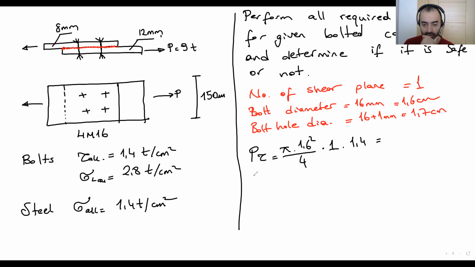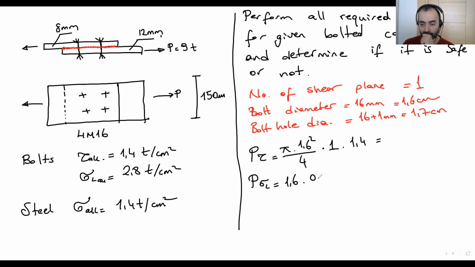I don't have the solutions. Sigma L is D times T min, where D is the diameter of the bolt, 1.6 times T min. What is T min? We have 2 plates here. T min is easy here. Compare 8 and 12. The 8 is the minimum one.